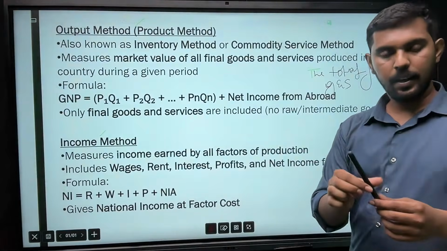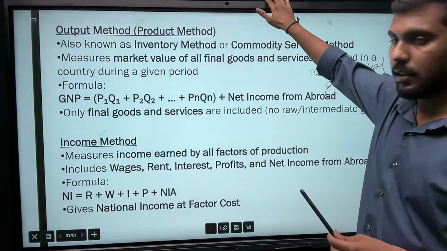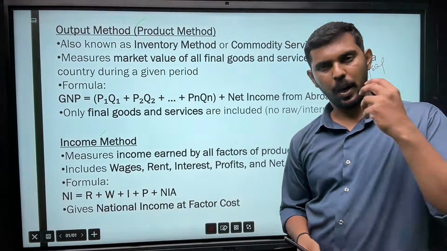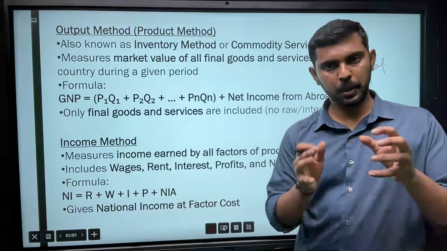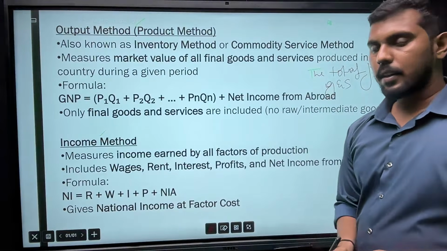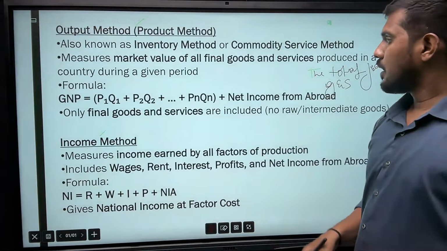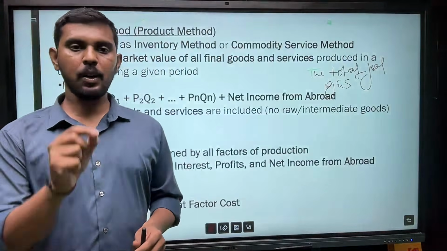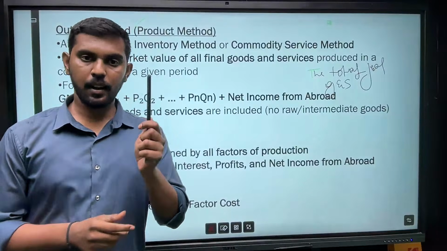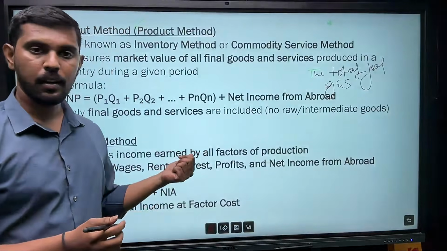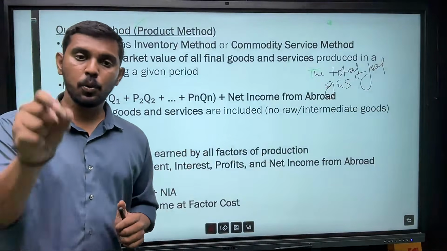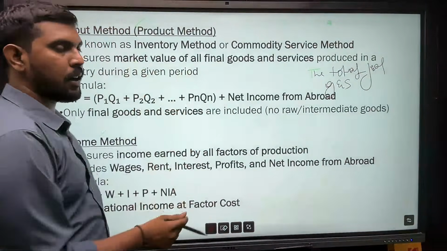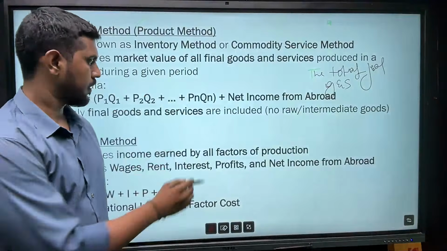Look at this, it is a final product. And services, nothing but Oracle, Tally, SAP, these are all services. We will calculate all these things. So what we calculate in national income is the total final goods and services.